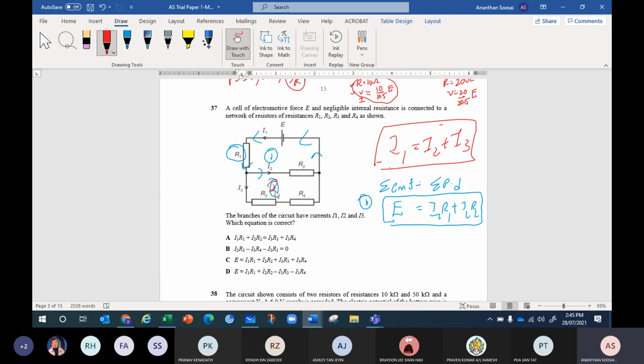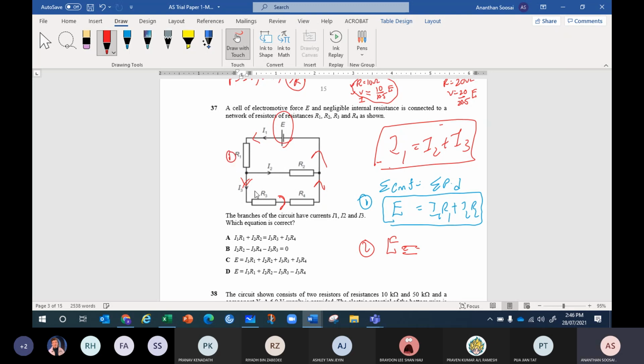Okay, we go to the second loop, the outer one. Actually the third loop is useless. So we go to the outer one. The total EMF is E. How many PD are there for the outer loop?